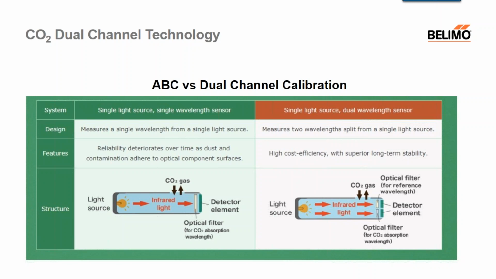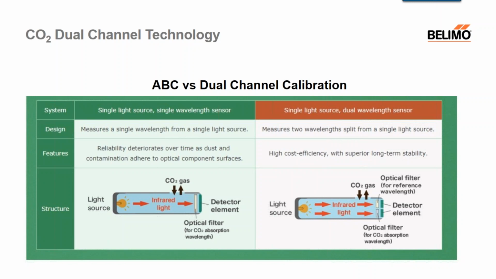However, in an environment where many occupants are present at all times, 24 hours a day, 7 days a week, or when CO2 concentration remains in excess of 400 parts per million, ambient CO2 concentration never falls to 400 parts per million, resulting in less accurate measurements due to inappropriate software corrections.